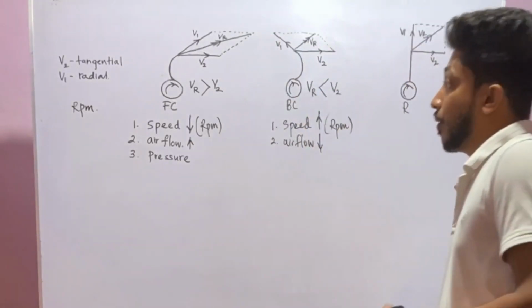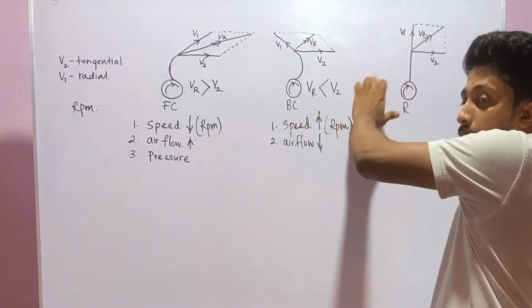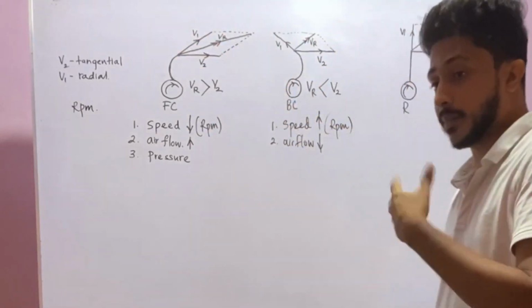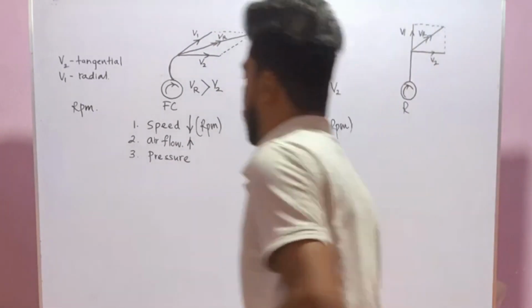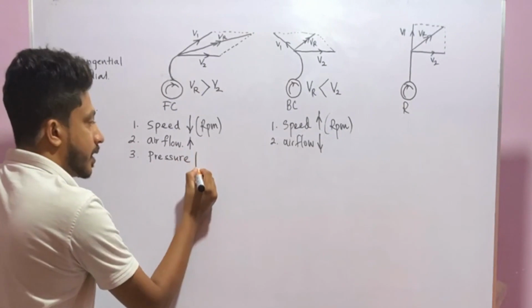So if we consider the forward curve fan, air velocity is higher compared to backward curve. So air velocity higher means dynamic pressure is higher, static pressure is decreased. So actually pressure means here static pressure, now static pressure is decreased.